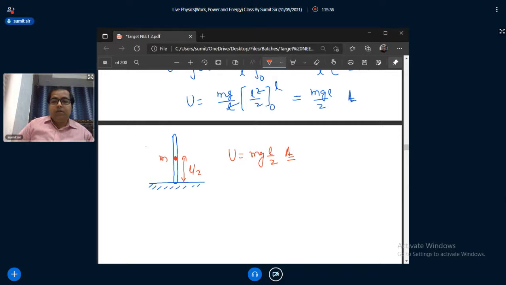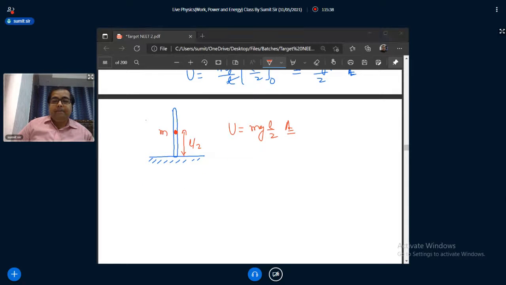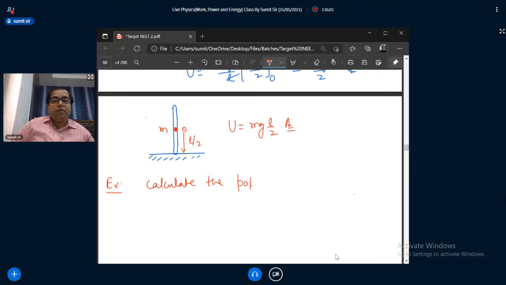Now you can also calculate this. Calculate the potential energy of the given rod.